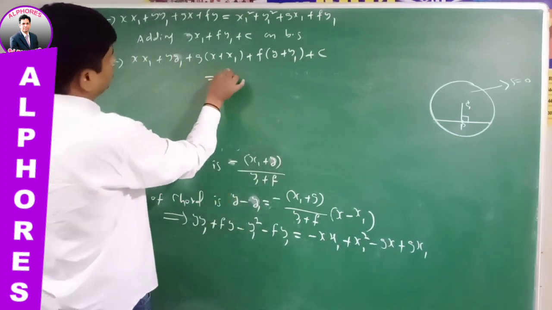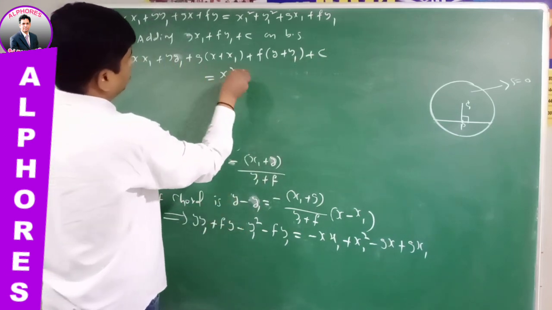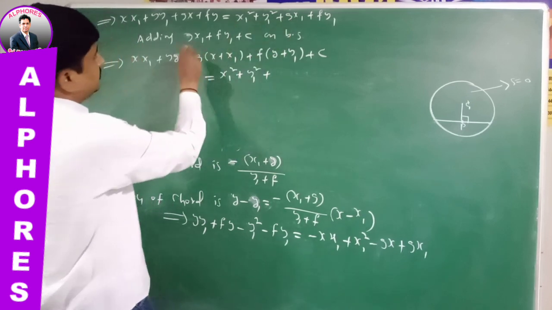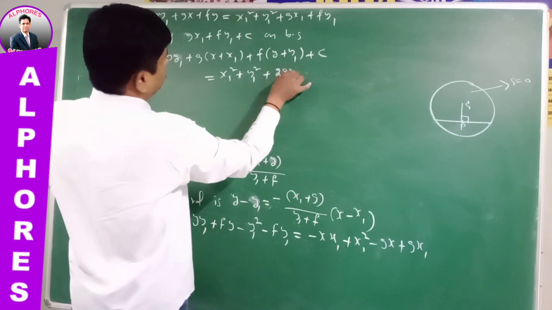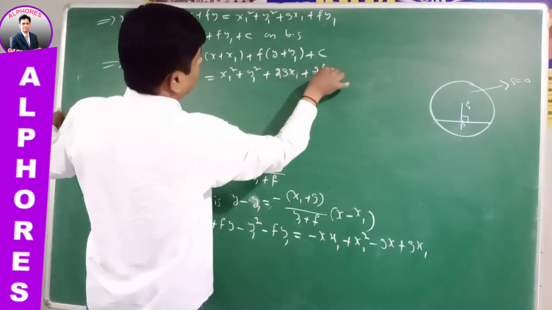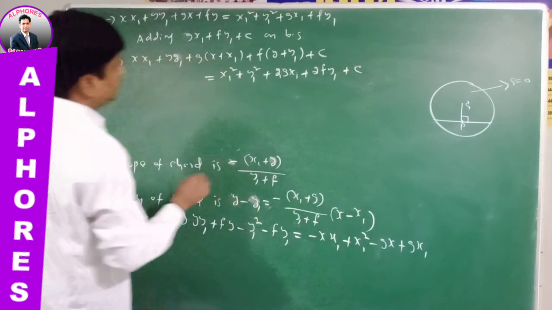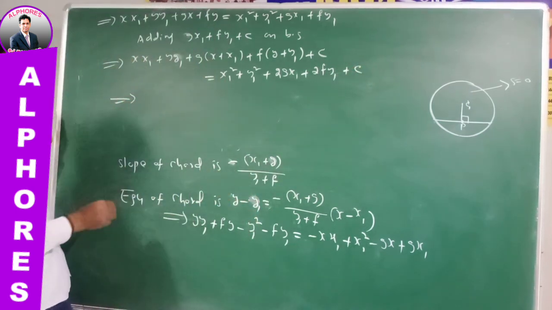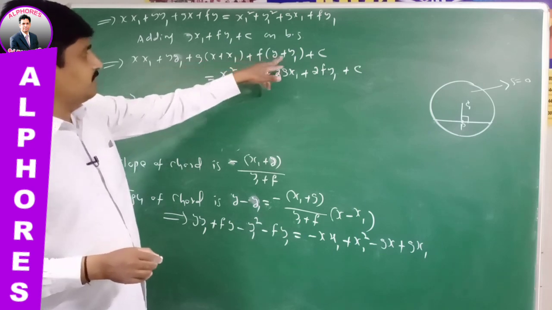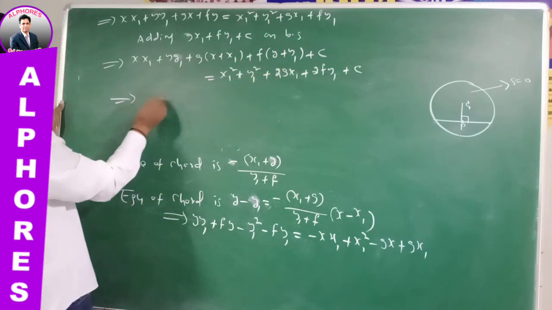Right side: x1 square plus y1 square plus g x1 plus g x1, 2g x1, f y1 plus f y1, 2f y1, plus c. Observe the left side: x x1 plus y y1 plus g of (x plus x1) plus f of (y plus y1) plus c, write as it is S1.